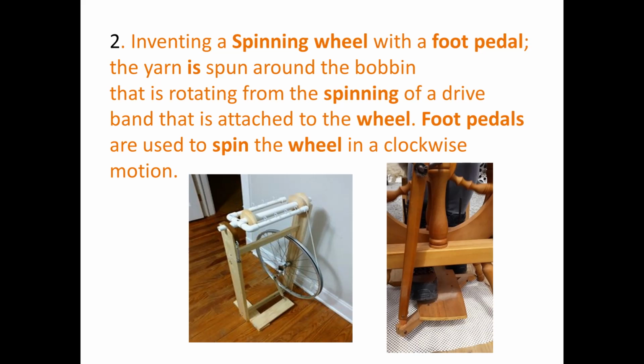The yarn must be spun around the bobbin. So it has to be in a good shape, not connected or mixed together. For them to spin it around the bobbin in a good way, they had to use their hands, and it took a lot of time.